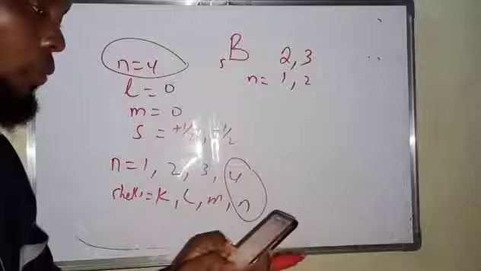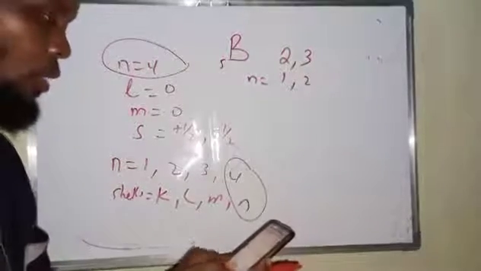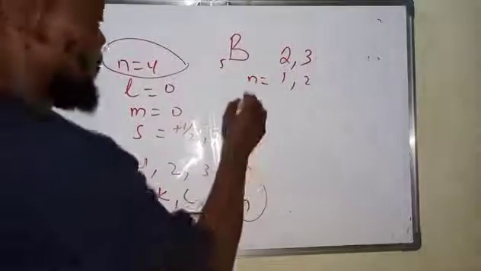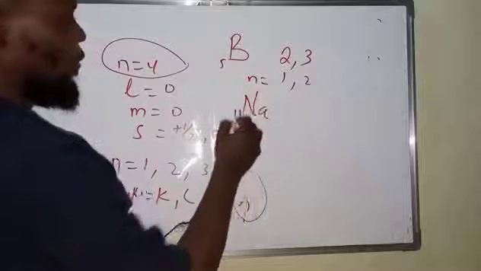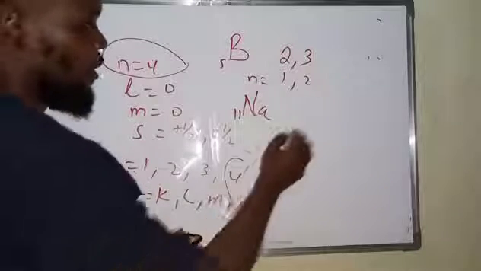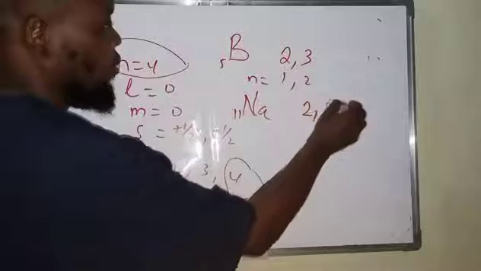As for sodium, sodium has atomic number 11. Its configuration will be 2, 8, 1.